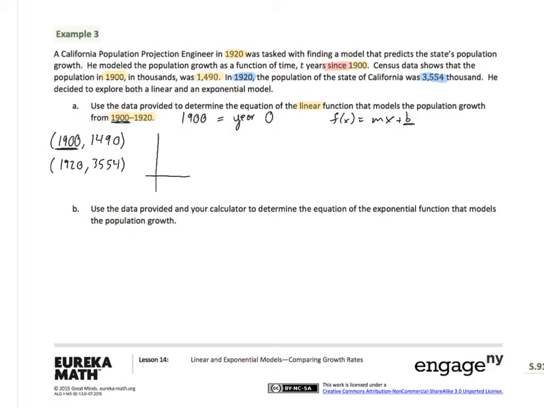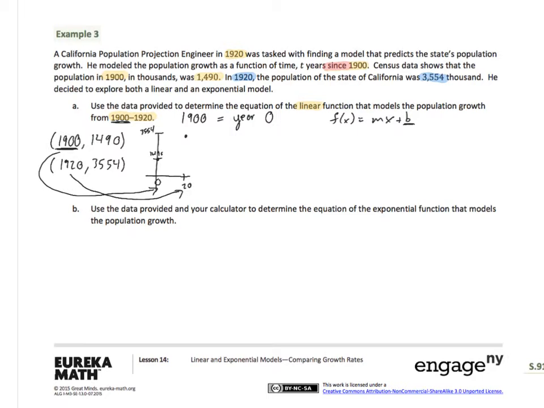And this will not be an accurate graph, but we can kind of look at it like this. That'll be 20, and this will be 0. And this 1900 is this one, and this 1920 is this one. And of course, this will be at 1490, and this one will be at some point right there, 3554.